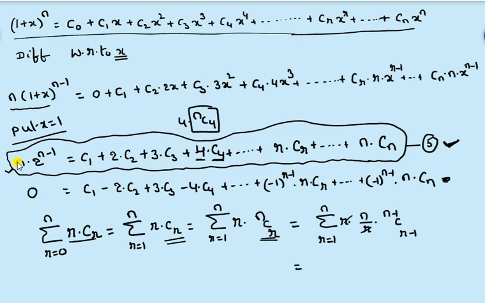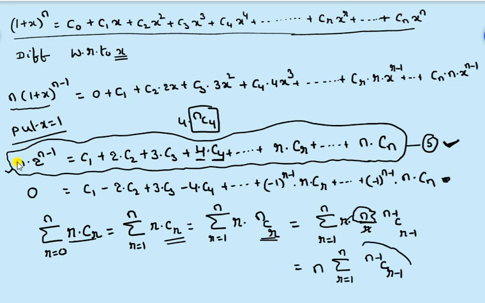Then what happens? This n does not depend on sigma, so this n we can write outside. Then it becomes n into summation r is equal to 1 to n, n minus 1 C r minus 1.